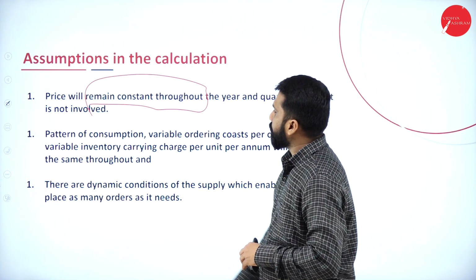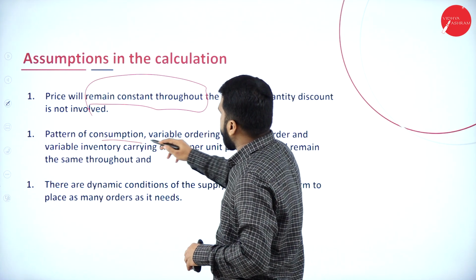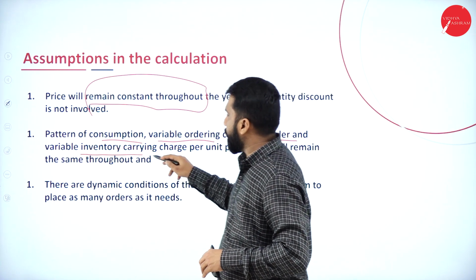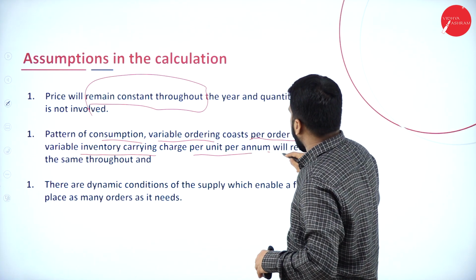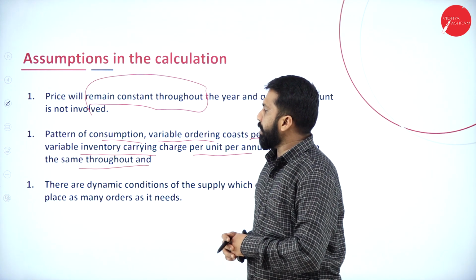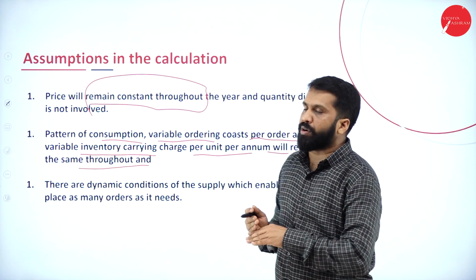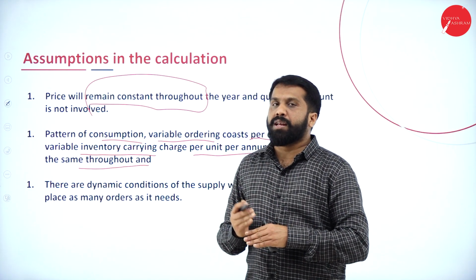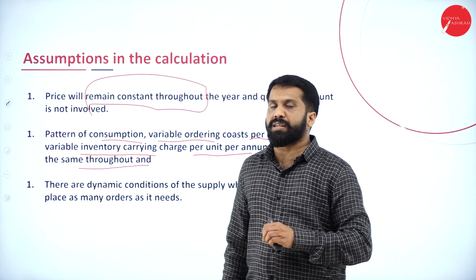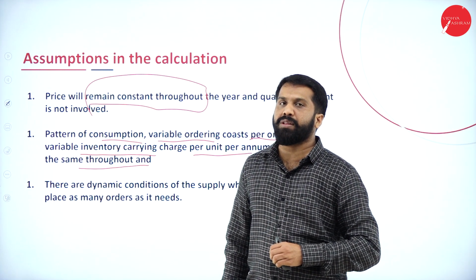Second, the pattern of consumption, variable ordering cost per order and variable inventory carrying charge per unit per annum will remain the same throughout the year. Whatever the carrying cost, ordering cost, consumption cost, whatever the charges we analyze, we assume that everything is the same for the whole year.